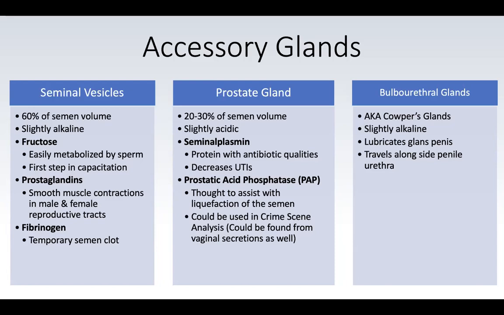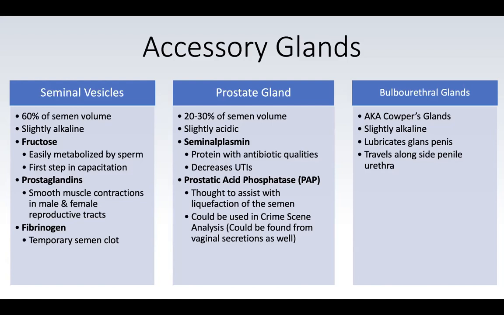I will say that it's been of old use for forensic scientists, because this is actually the fluid that they look for when they're analyzing cases where rape was suspected.